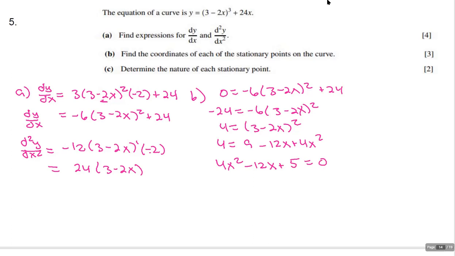And then what I'm going to do is factor this. So let's see, if I factor it, 4 times 5 is 20, negative 12. Two numbers that multiply to get 20 and add to get 12, so it's going to be negative 10 and negative 2.